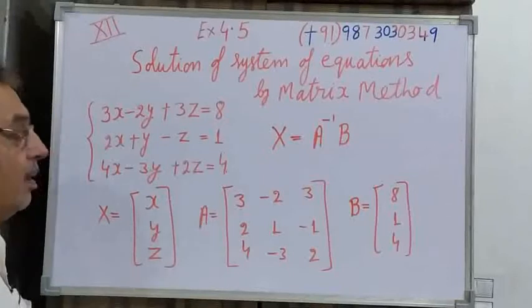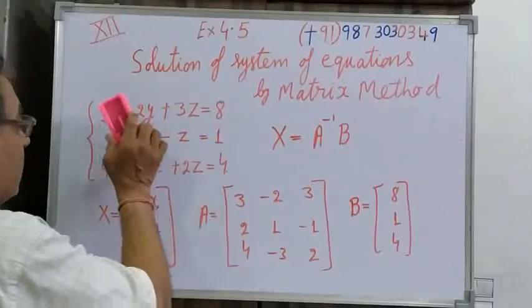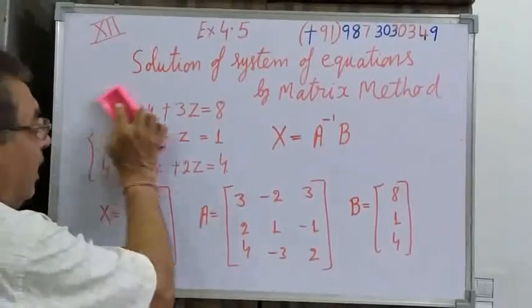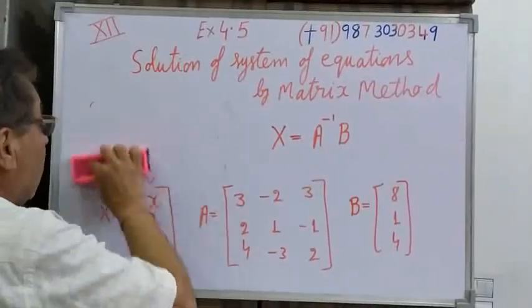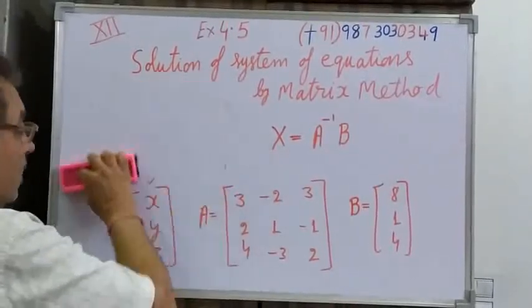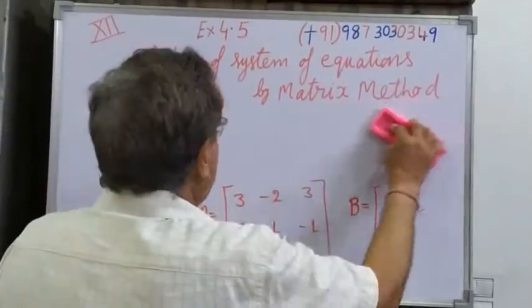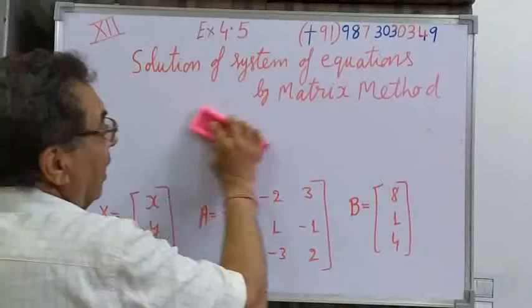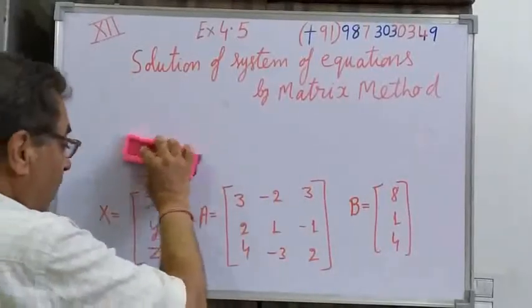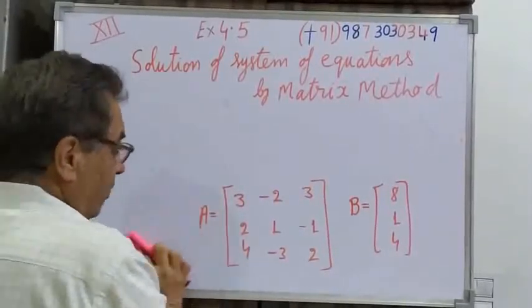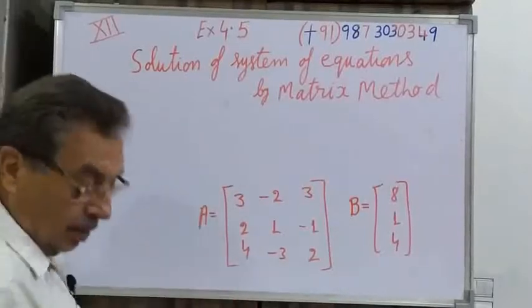We have done in the previous lecture how to find the A inverse. Finding the A inverse means we will be finding the adjoint of A and then dividing by the determinant.